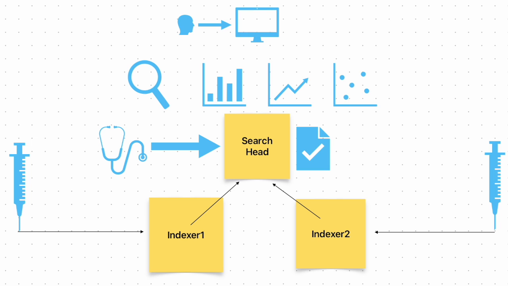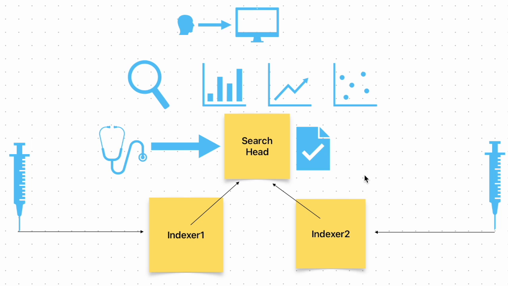So don't get confused between distributed and cluster environment, high availability. In the distributed environment, there is nothing mentioned that it should be highly available. It can or cannot be highly available, or it can or cannot be a cluster environment.